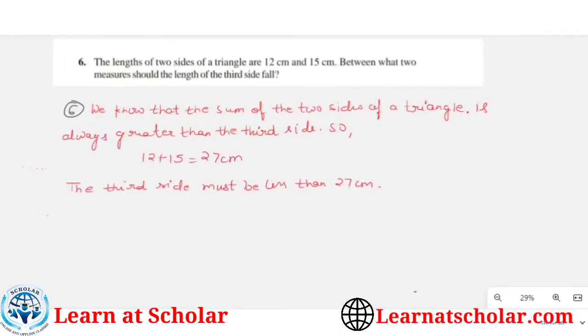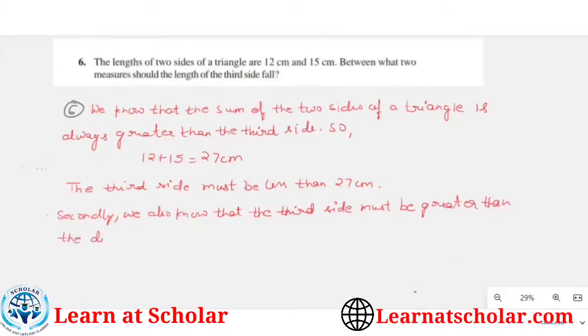If we subtract 15 and 12, we also know that the third side must be greater than the difference between the two sides.